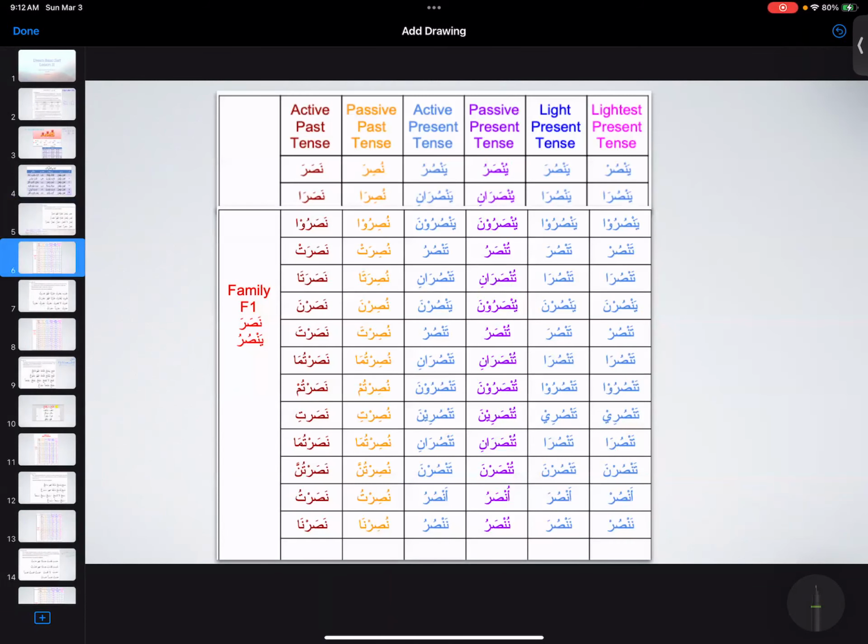Okay, then I put some conjugation over here with all these different forms of it, right? So we have active nasara yansuru, then we have passive nusira yunsaru, right?